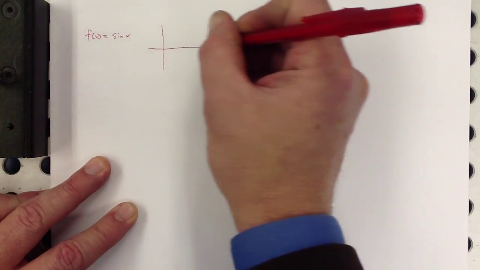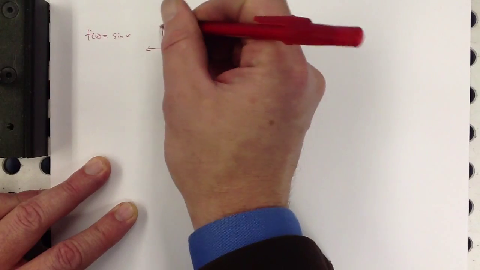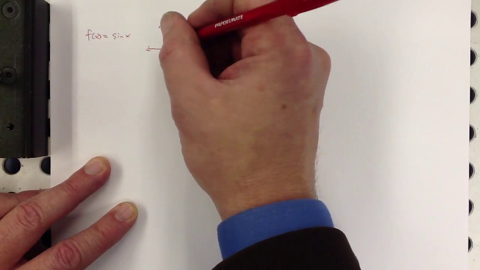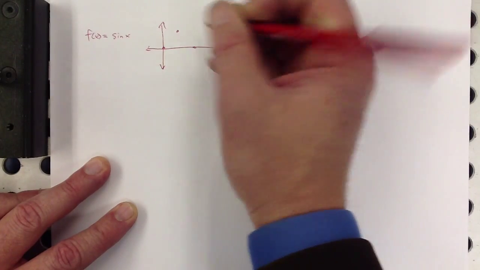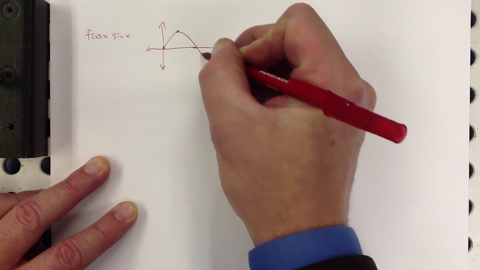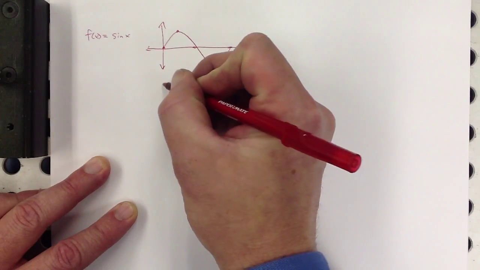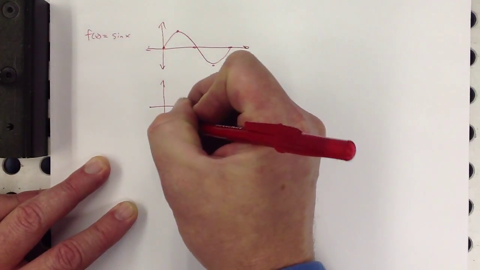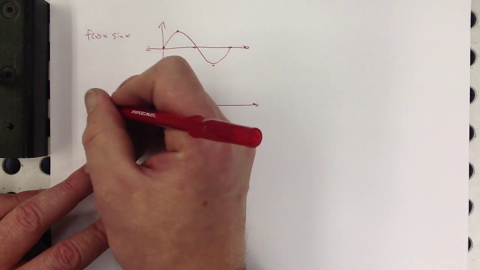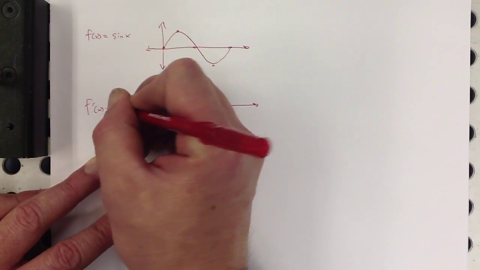Let's sketch a little graph of that through one full period, and then make a sketch of the derivative of that.